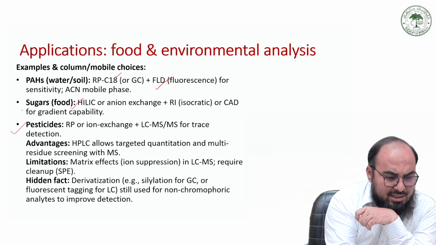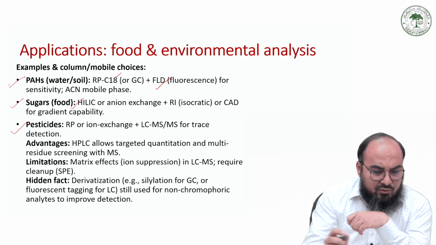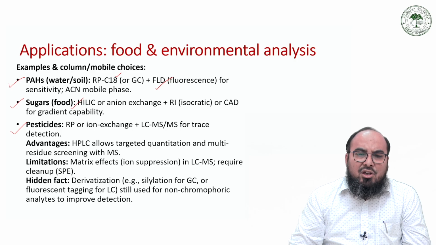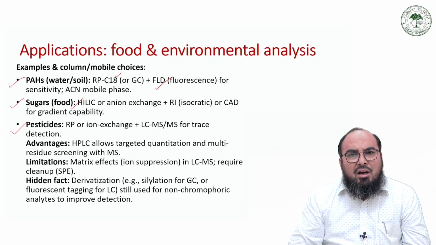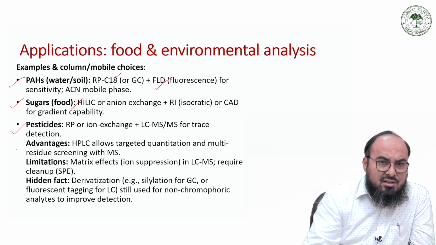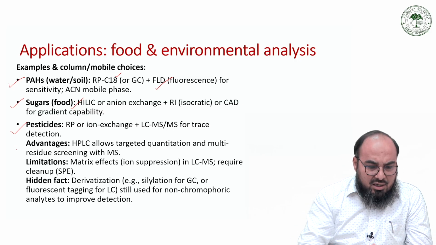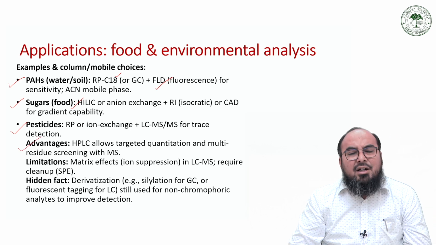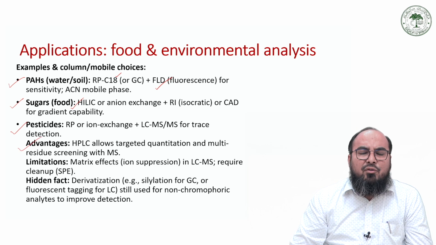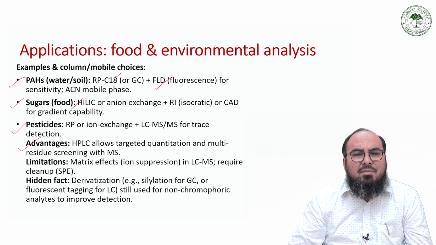Similarly, for pesticides you generally use ion exchange chromatography, and here you couple your detector with a mass spectrometer for the trace detection of various components of pesticides. So HPLC allows targeted quantification and multi-residue screening if you couple it with MS. But again, there are certain limitations.